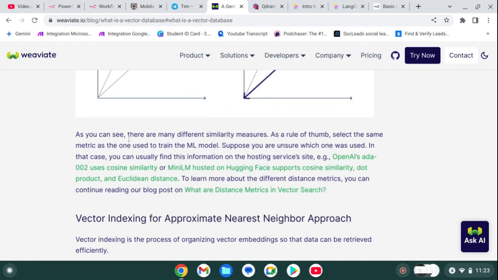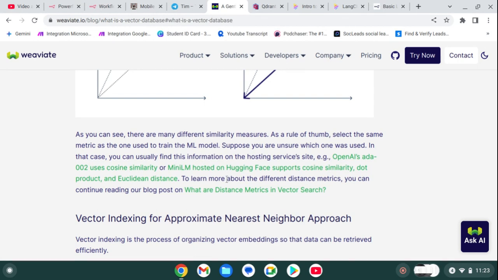As you can see, there are many different similarity measures. As a rule of thumb, select the same metric as the one used to train the ML model. Here, the MiniLM model hosted on Hugging Face supports cosine similarity, dot product and equivalent distance.